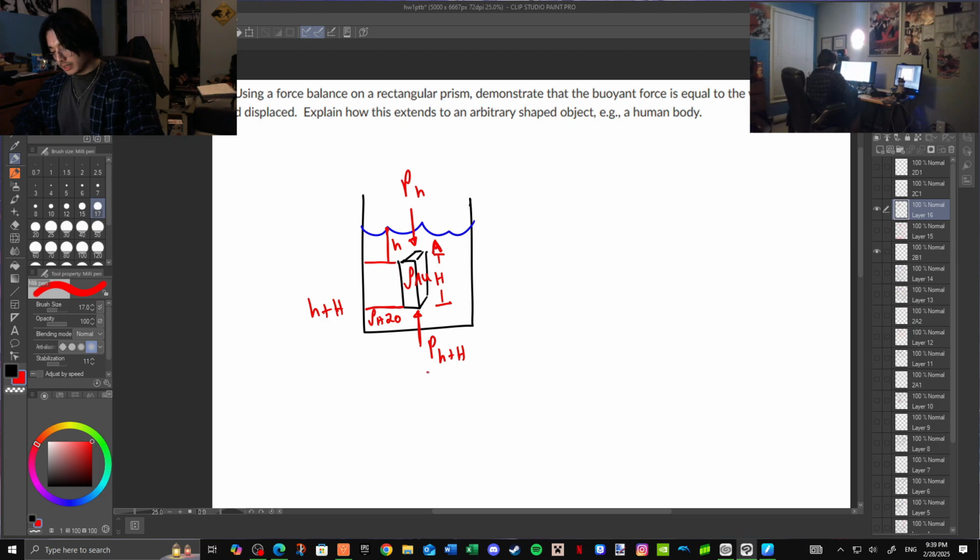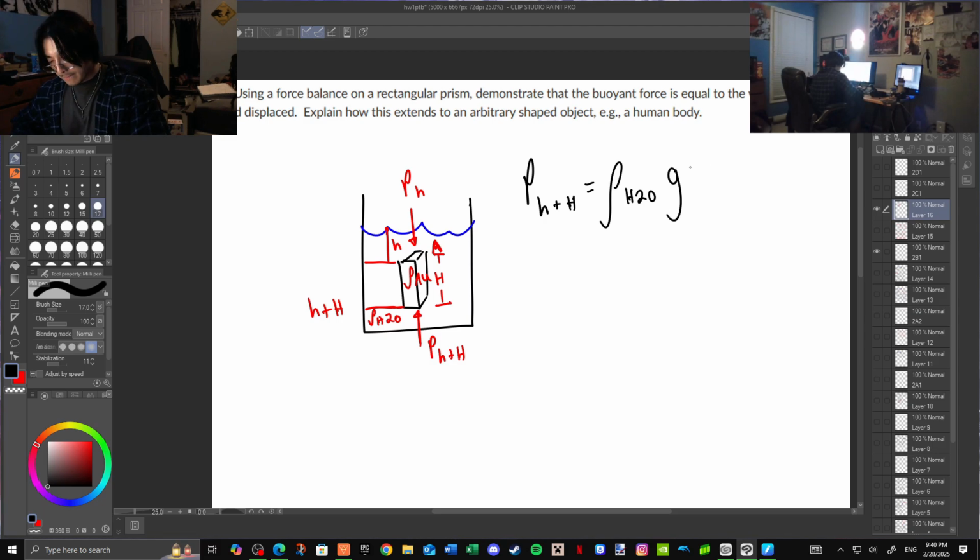So if we take a look at the pressure at h plus big H, the bottom of the figure, this is equivalent to the density of the fluid, because the fluid itself is pushing against the figure, times acceleration due to gravity, times h plus big H, because we're at the bottom of the figure. That's our depth.